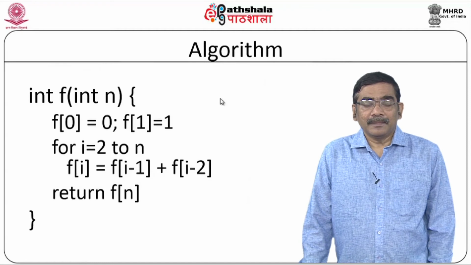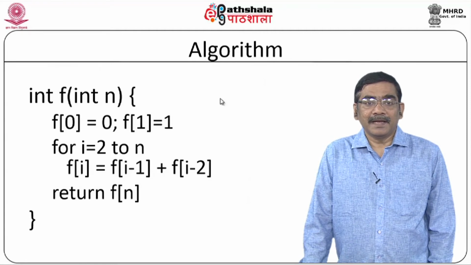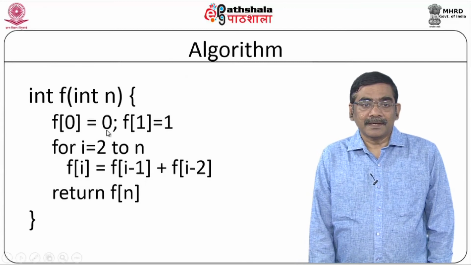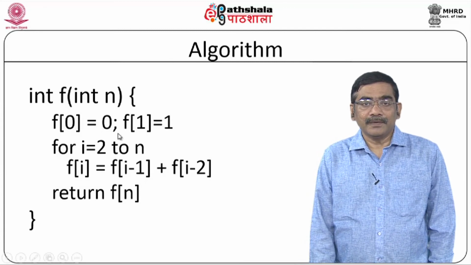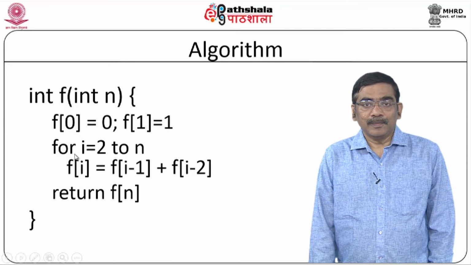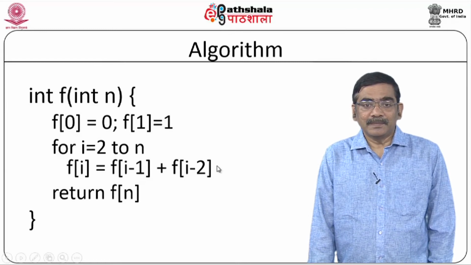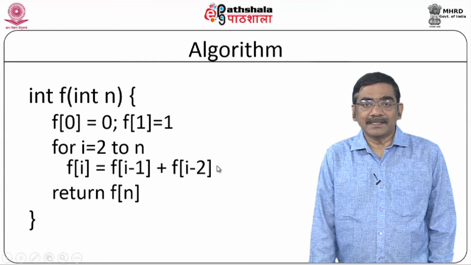So, the algorithm becomes a simple algorithm like this. Initially f of 0 equals 0, f of 1 equals 1. Then I start a loop for i equals 2 to n, where f of i is nothing but f of i minus 1 plus f of i minus 2. The difference between this and your previous divide and conquer algorithm is that everything is stored into a table.